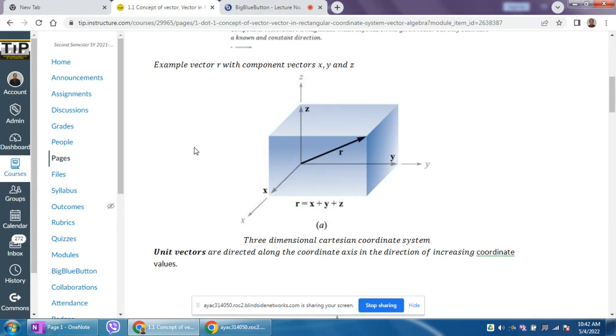For electromagnetics, we're using the three-dimensional Cartesian coordinate system wherein we have the X, the Y, and the Z. So yung X po is pointing towards us, and horizontal po to the right is Y, and vertical going upward is your Z. So definitely, if we have the positive X, Y, Z value, we also have the negative X, Y, Z value in their opposite direction.